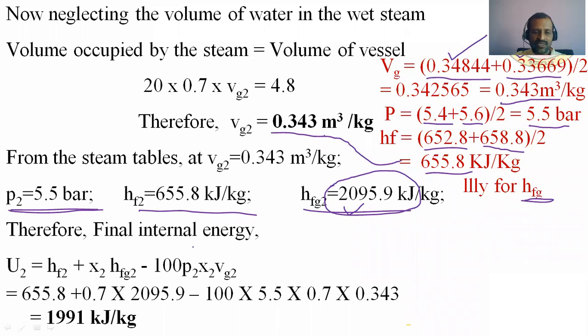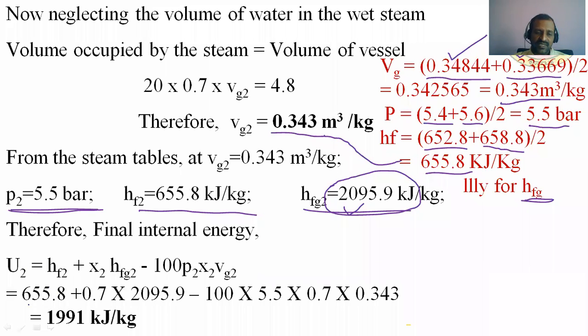Then therefore the final internal energy U2 is equal to HF2 plus X2 HFG2 minus 100 P2 X2 VG2. So initially the steam was dry saturated steam. After expansion that becomes wet steam, with 70% dryness fraction. So substitute the values here.